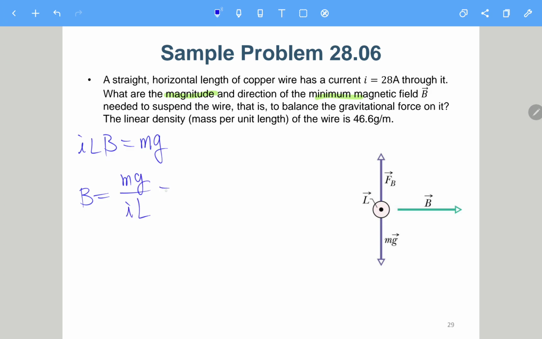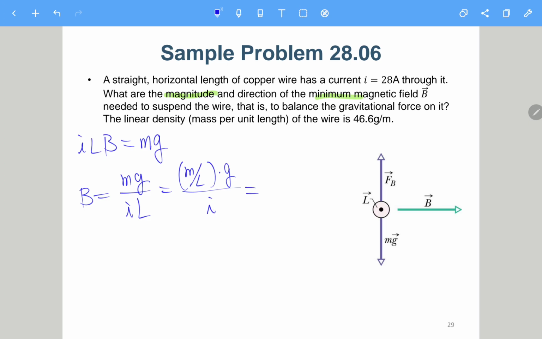Okay, so we try to make it like m over capital L times g over I. Because we don't have the mass of the wire, we only have the linear density of the wire, which is the mass over the length, times the g, and then over I.